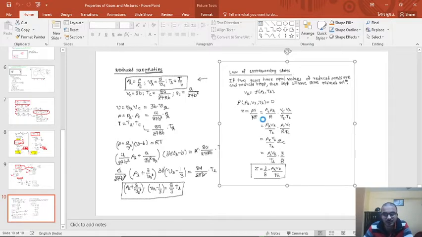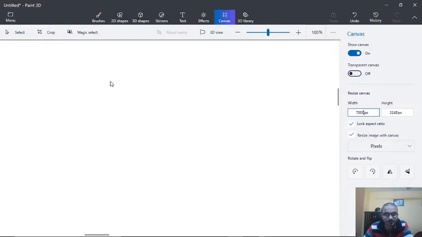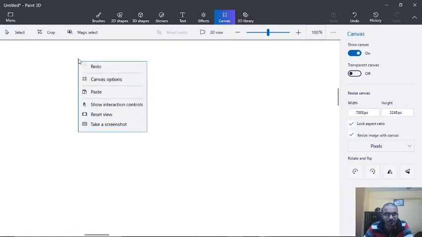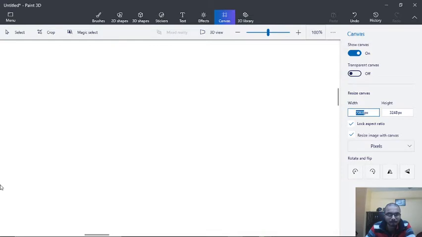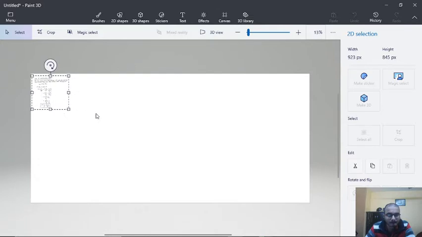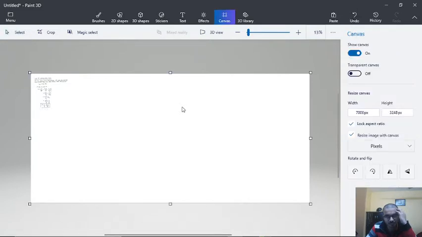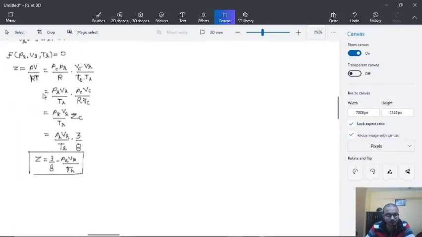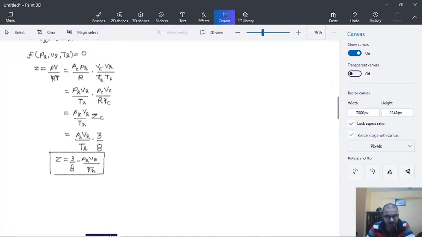So let's copy this work into Paint. Here we are going to combine two equations.